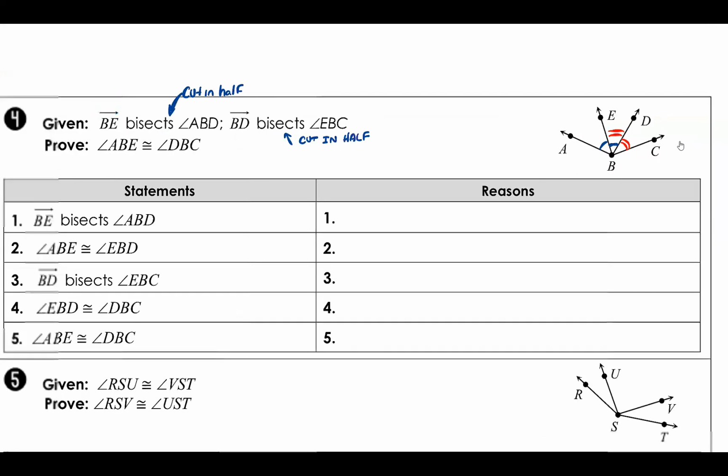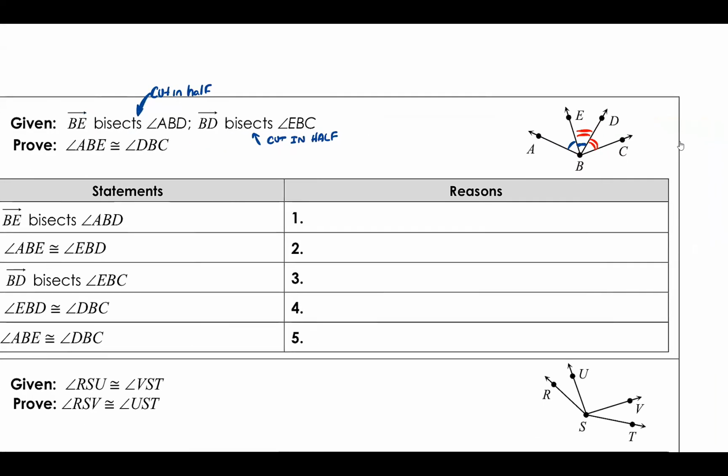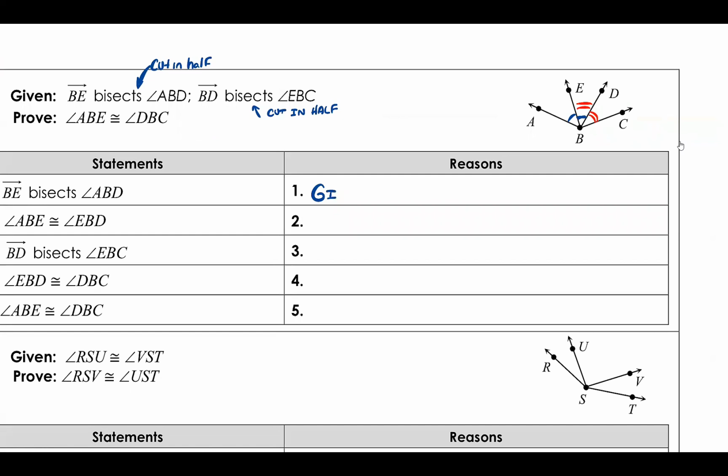All right, how do we know BE bisects angle ABD? They told us. Thank you very much. So because we know it bisects, what tells us that ABE is congruent to EBD? Why does it cut it in half?